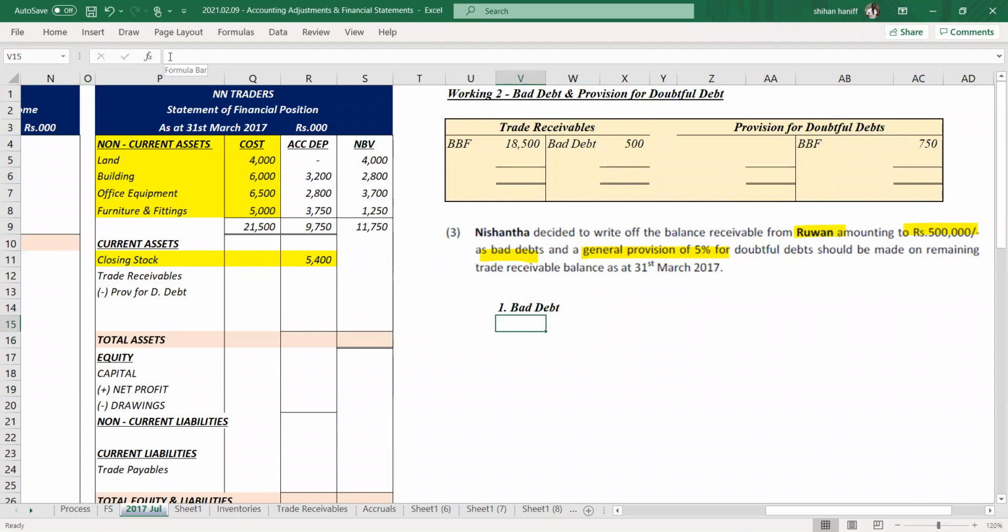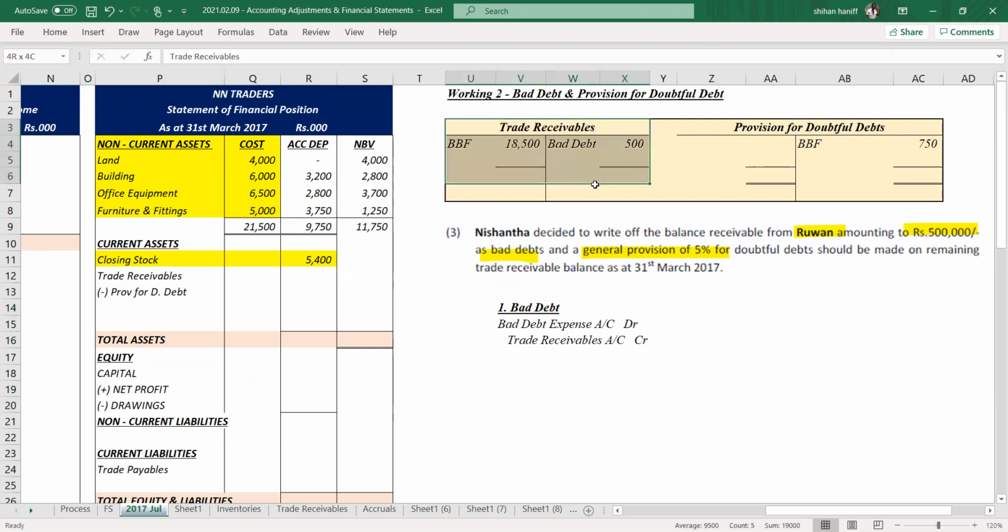Bad debt double entry is bad debt expense account debit, trade receivables credit.